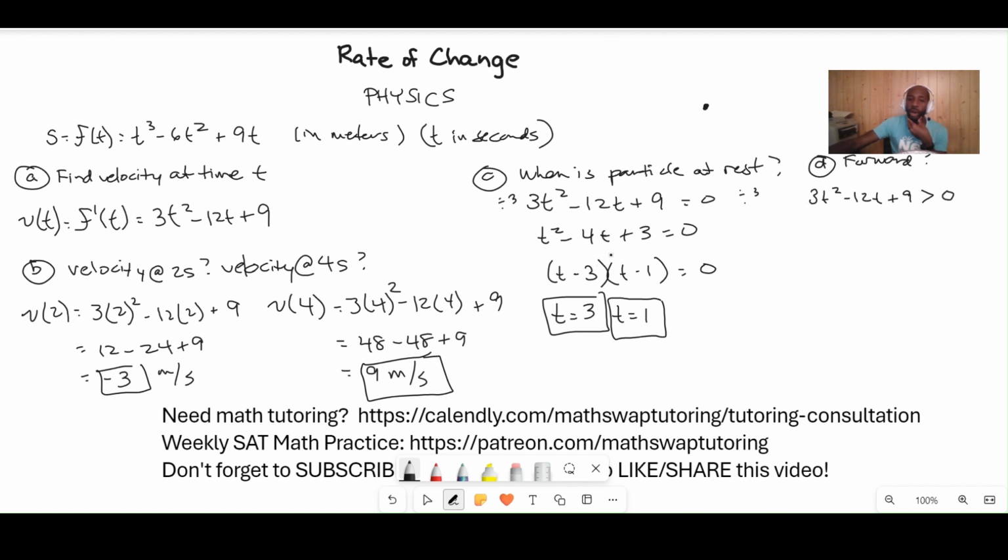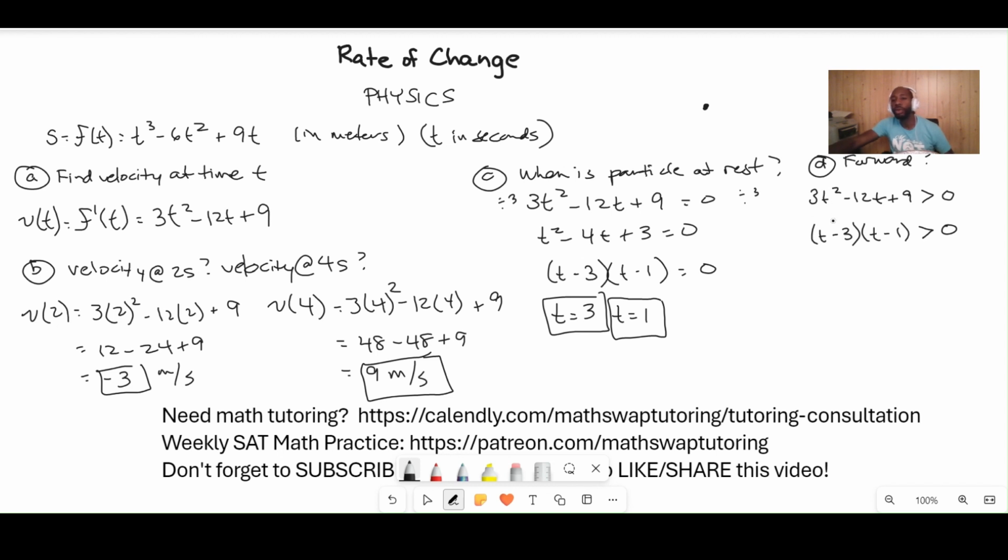Basically, we know from here that this all factors down to (t - 3)(t - 1) > 0. All right, so let's think about this here. We can't necessarily just solve for this and say t is greater than 3 and then t is greater than 1. So let's think about this.